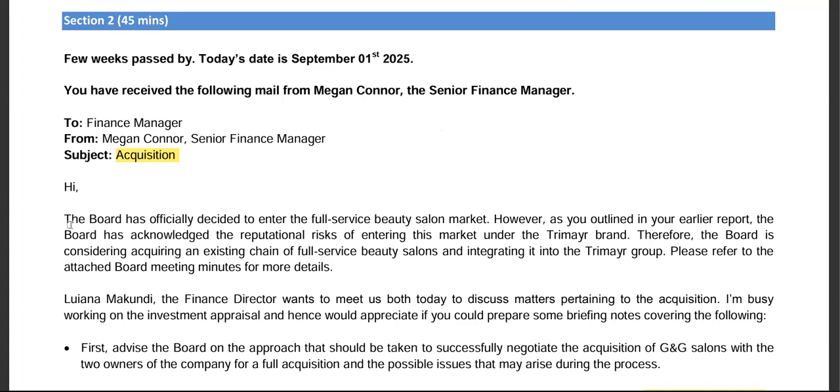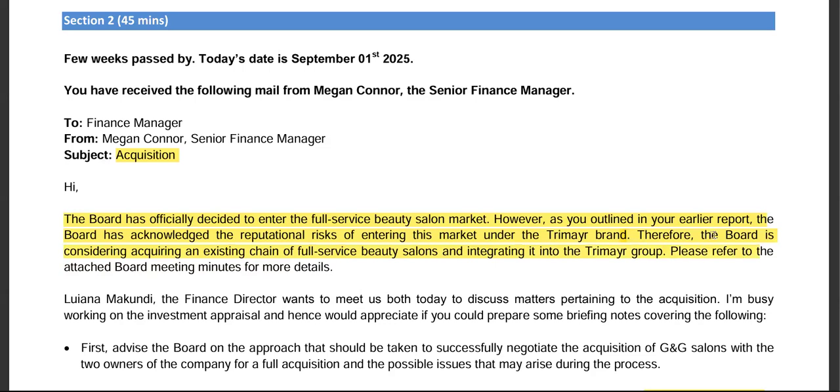requirement. So the board has officially decided to enter the full service beauty salon market. However, as you outlined in your earlier report, the board has acknowledged the reputational risks of entering this market under the Trimayr brand. Therefore, the board is considering acquiring an existing chain of full-service beauty salons and integrating it into the Trimayr group.